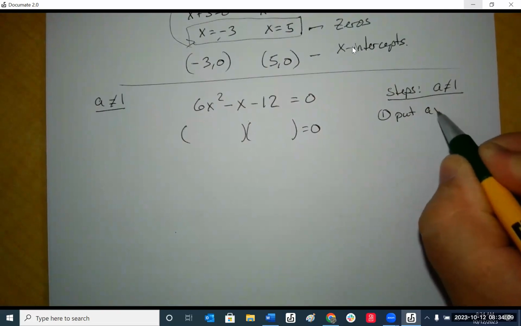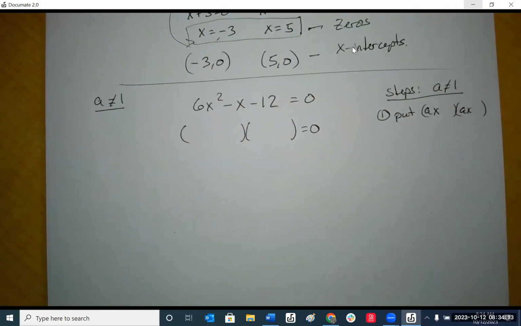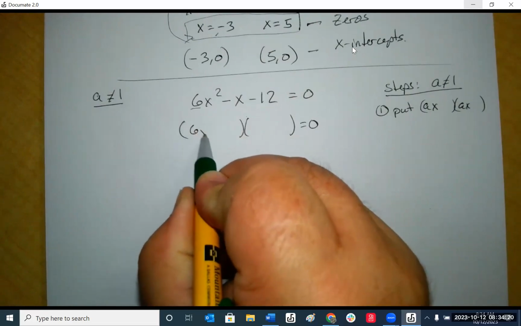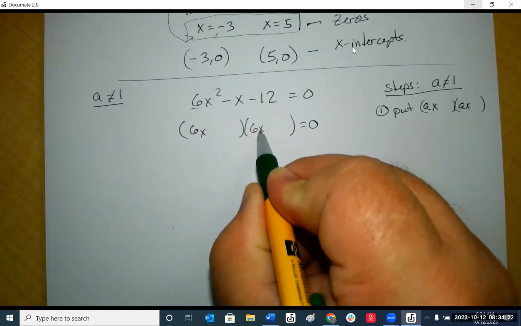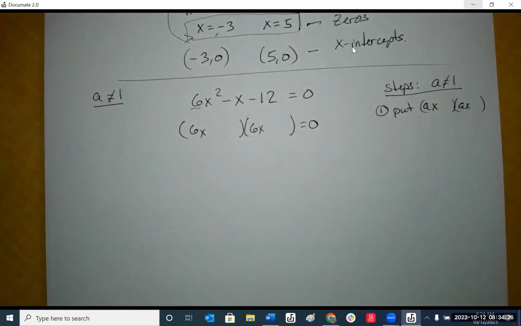Put ax in the first part of both parentheses. So whatever this number is, put it in the first parenthesis. So 6x times 6x. We'll fix it at the end.